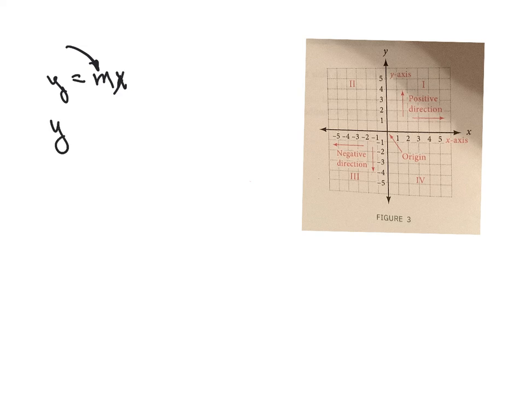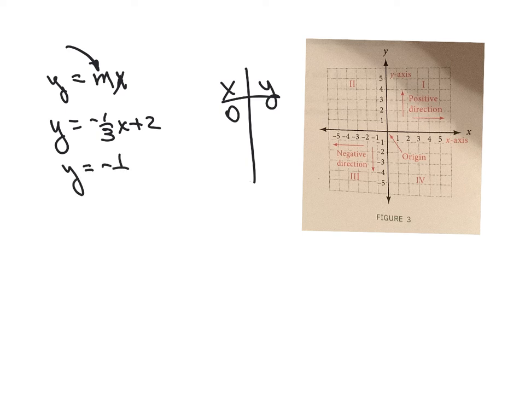So for instance, if we have y equals negative 1/3 x plus 2, we're going to make our same little table here. Start out using 0. And when we do that, we get y equals negative 1/3 times 0 plus 2. Negative 1/3 times 0 is 0, so that goes away. So when we put 0 in, we get 2 for our y.